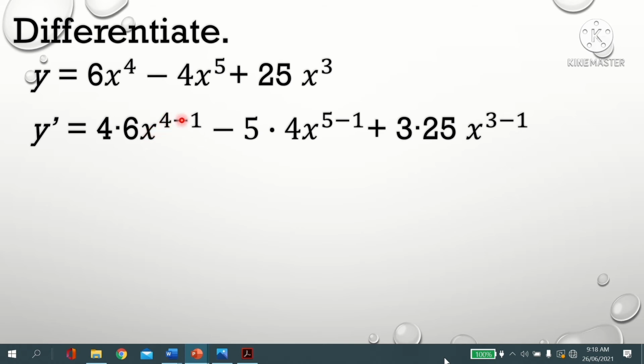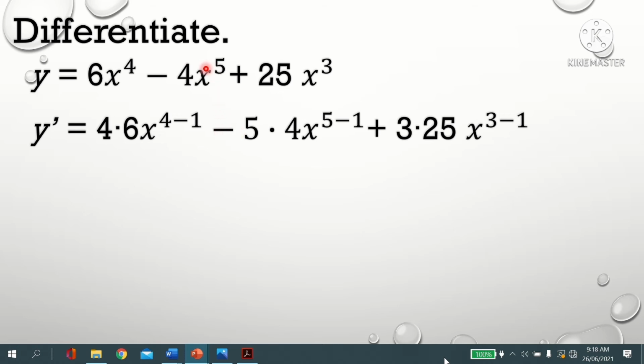So 4 minus 1. So sana po nakakasunod. Ulitin ko po. 4 times 6, x raised to 4 minus 1. So that is for the first term. For the second term, 5 times 4. Just copy minus sign. So 5 times 4.